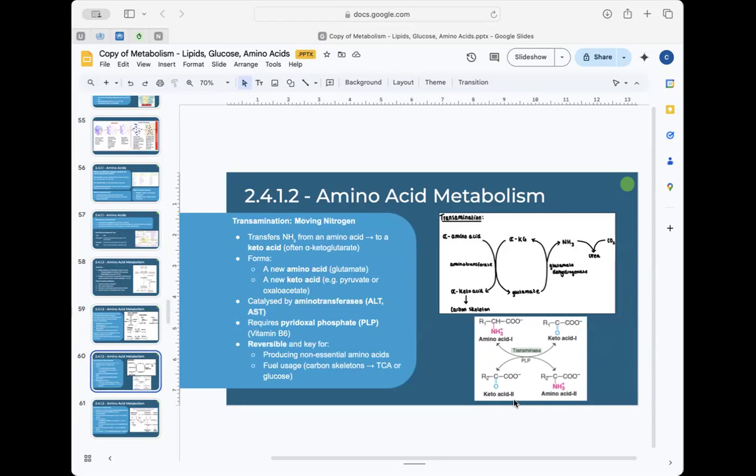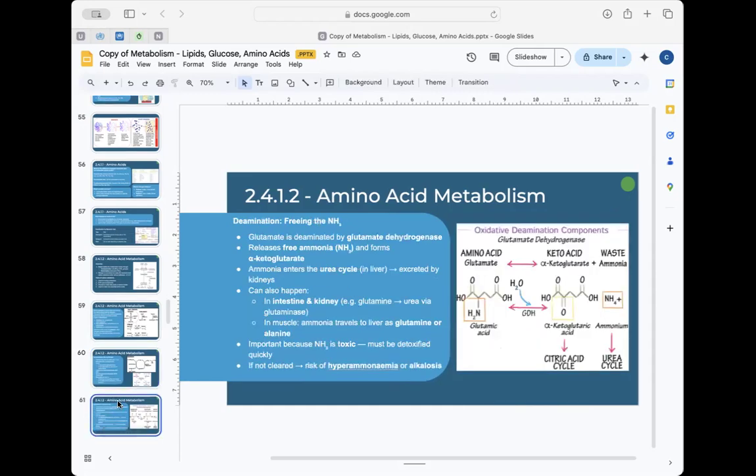So PLP, you can see on this bottom diagram, is a cofactor for the transaminase enzyme. And this is reversible, so it's really good for producing your non-essential amino acids, but it's also good for fuel usage as well.